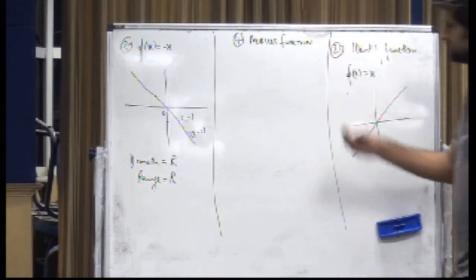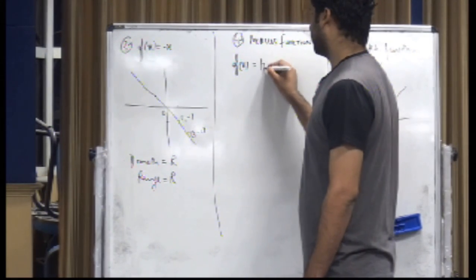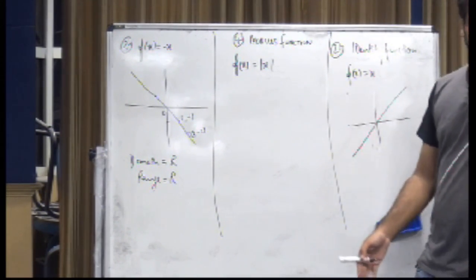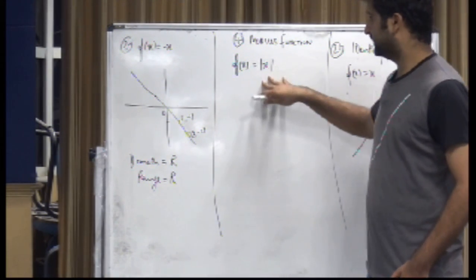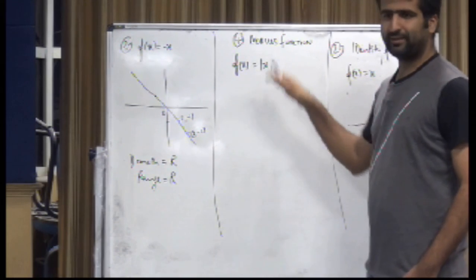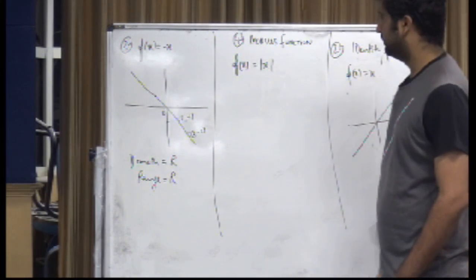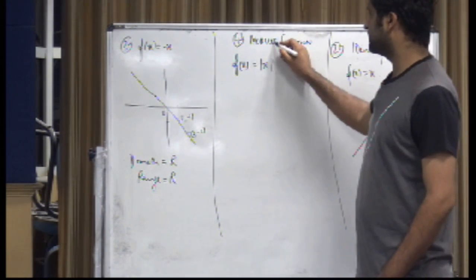So let's first define modulus function. f(x) is equal to modulus x. So you must have seen the symbol. This makes a negative number positive and positive remains positive. So this is actually the absolute value of a given number, you can say, or a given function. So this is also called absolute function.